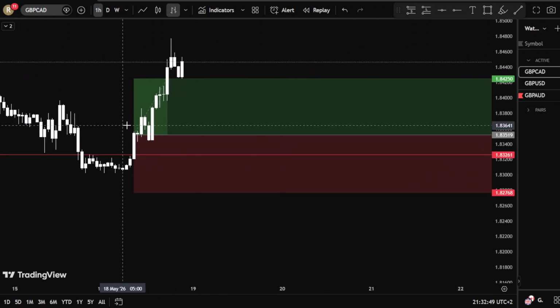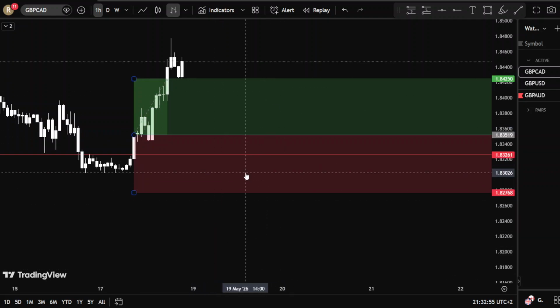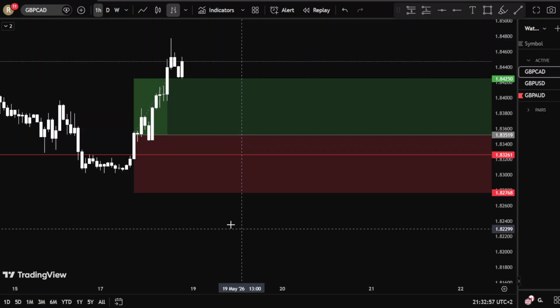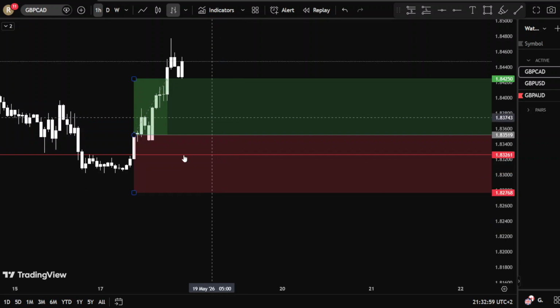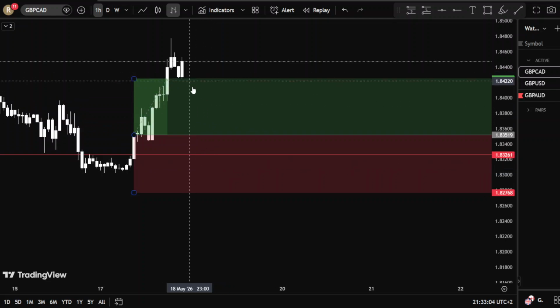But usually it doesn't come so fast into profit. Usually I have a bigger stop loss, but again, because I was late today, my stop loss was smaller, and I went for a 1-to-1, and that's about it.